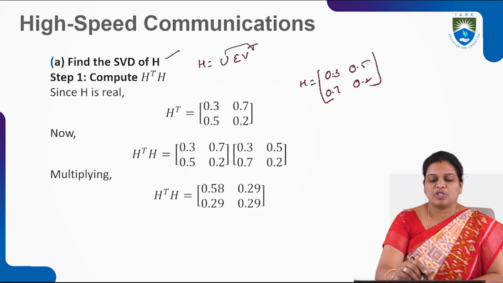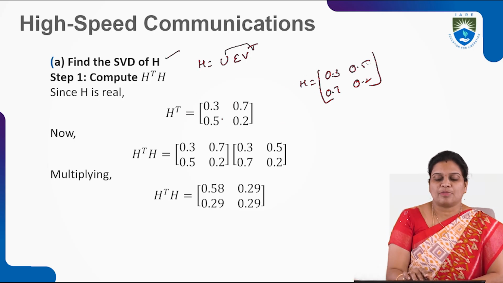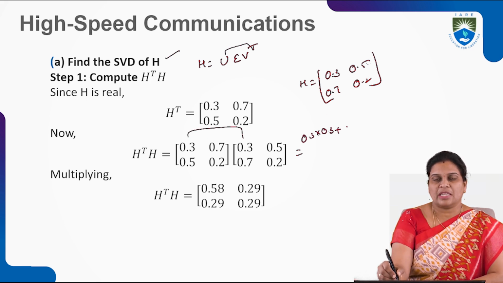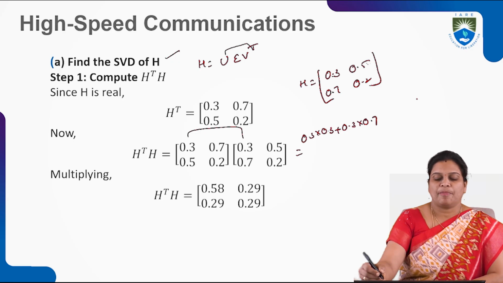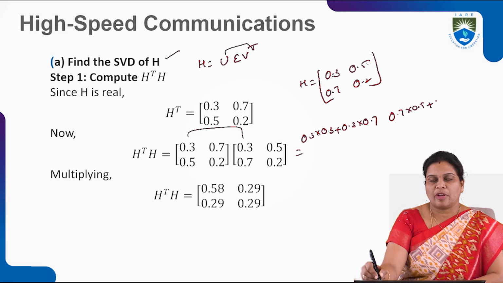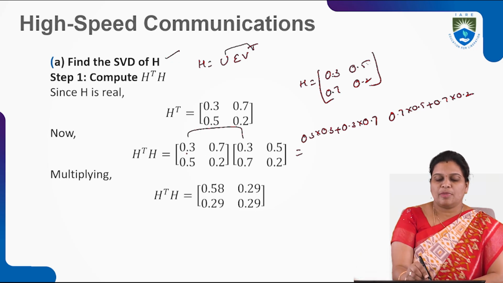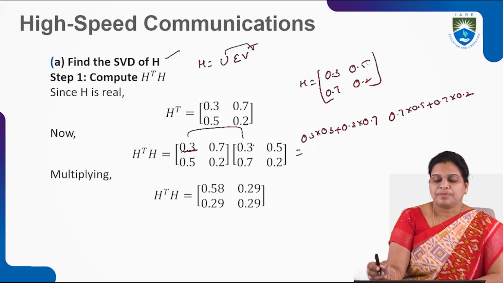Now transpose of H into H. The transpose of H is 0.3, 0.7, 0.5, 0.2 multiplied with H. So how can we multiply this? 0.3 into 0.3 plus 0.7 into 0.7, then 0.3 into 0.5 plus 0.7 into 0.2. The first matrix's row elements are multiplied with the second matrix's column and added.